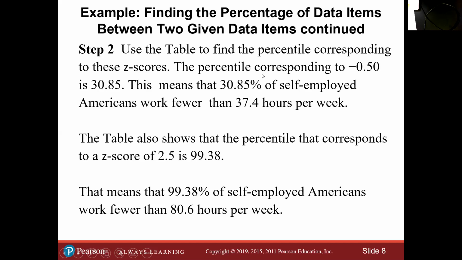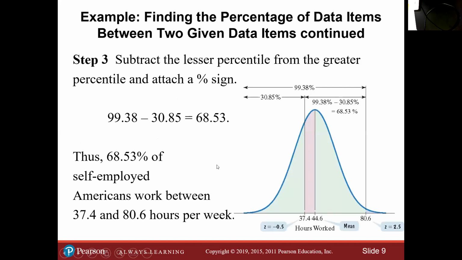The percentile corresponding to negative 0.5 is 30.85. And z-score 2.5 is 99.38. Now, if we want to know the area in between, we have to subtract. We do the upper minus the lower.